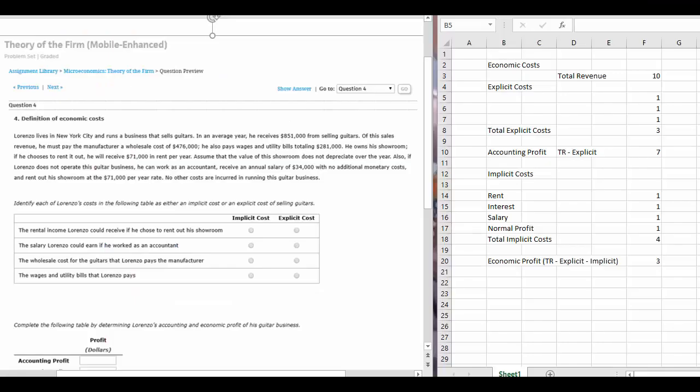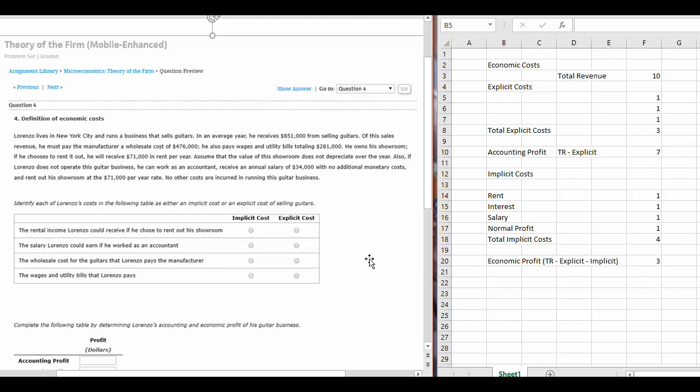This is going to be a sample problem on how to calculate accounting profit and economic profit. In this problem, it says Lorenzo lives in New York City and runs a business that sells guitars. In an average year, he receives $851,000 from selling guitars. Of this sales revenue, he must pay the manufacturer a wholesale cost of $476,000. He also pays wages and utility bills totaling $281,000.